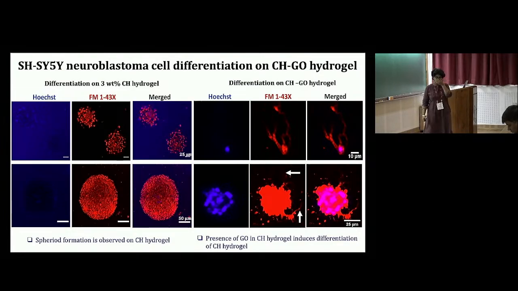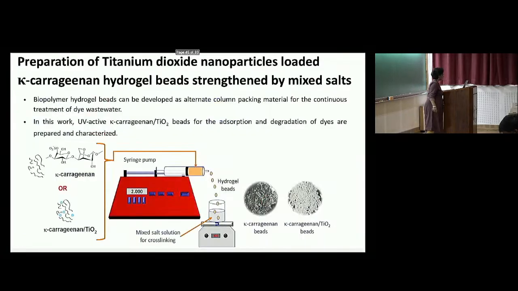In the last, I think I just have 5 minutes, I just want to touch on the changing of our hydrogels into beads, because this was of some significance to the undergraduate students who come to my lab. Basically, we took the same idea from the first part of the lecture, that you could cross-link the carrageenan polymers into hydrogels.